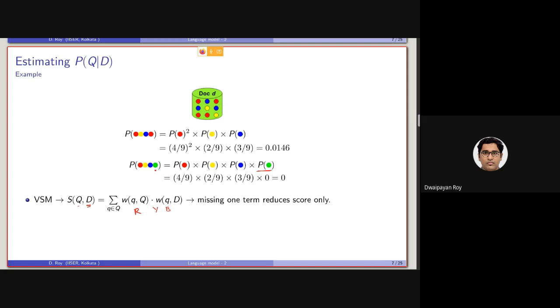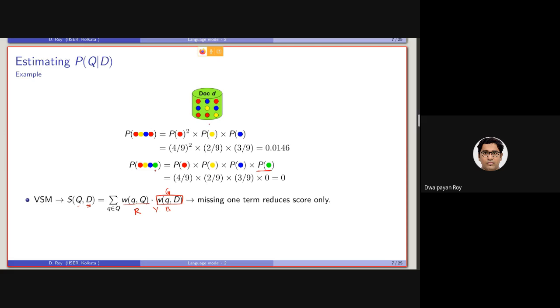For the green ball, the weight of G comma Q will be 0 because the term G is not occurring in the document.